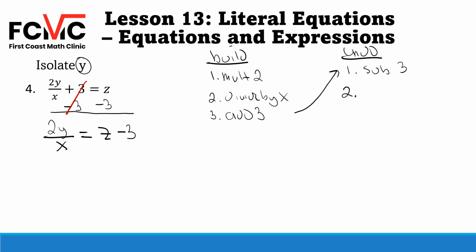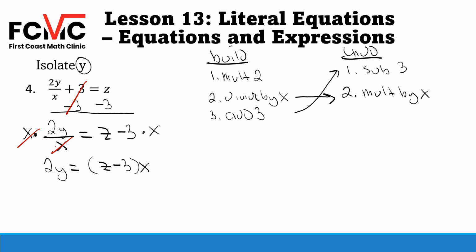Number 2, let's undo dividing by x. Well, how do we undo dividing by x? Multiply by x. So times x and times x. I have x in the numerator and denominator here, so the x's cancel out. So I get 2y equals z minus 3 times x, right?